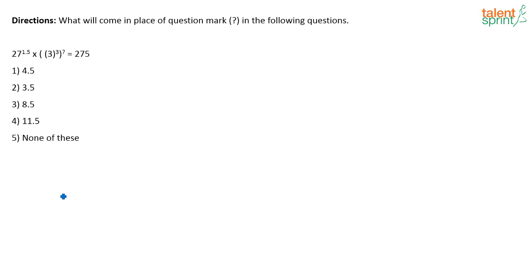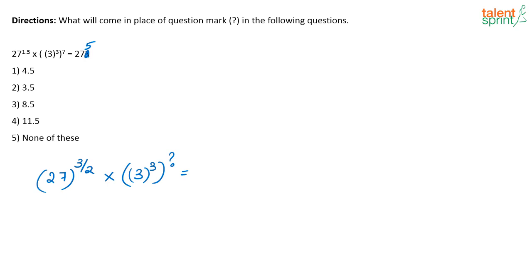What will come in the place of question mark in the following question? 27 to the power 1.5 into 3 cube whole to the power question mark is equal to 27 to the power 5. I will take 1.5 as 3 by 2, it's easier for me, or you can even take it as 1.5 itself, your choice.